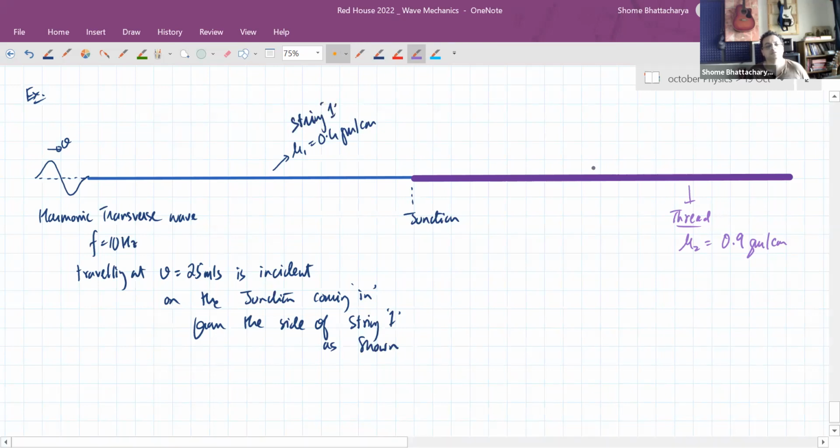String 1, this is our string 2 like this.